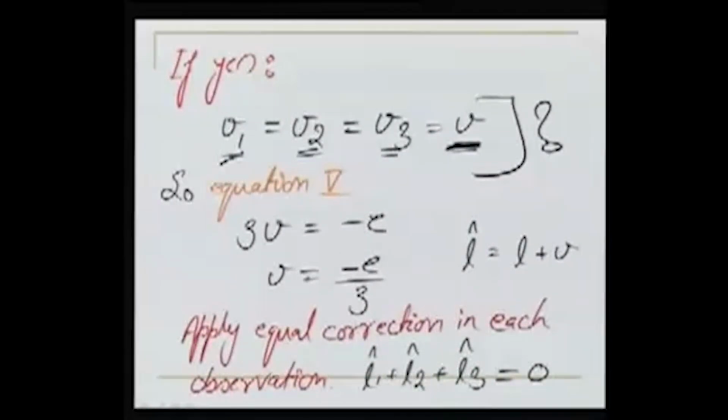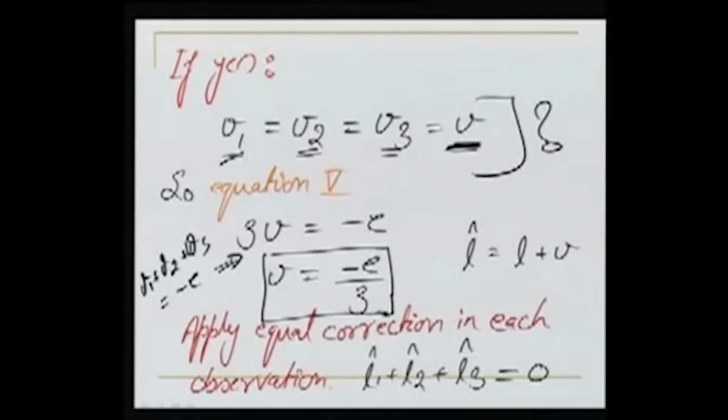If it is so, we write that V1, V2 and V3 should be equal to, let us say, V. Earlier we were writing V1 plus V2 plus V3 equal to minus E. So we can write this now as 3V is equal to minus E. So we get the value of residual as minus E by 3.